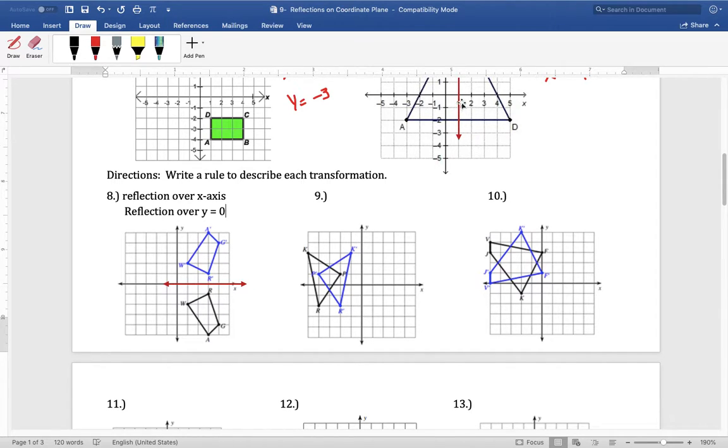Number 9, you can see that if we had a vertical line right here, the black triangle, each point would flip over. It's the same distance perpendicular across. And this line is at negative 1, 2, 3. So this would be a reflection over x equals negative 3.